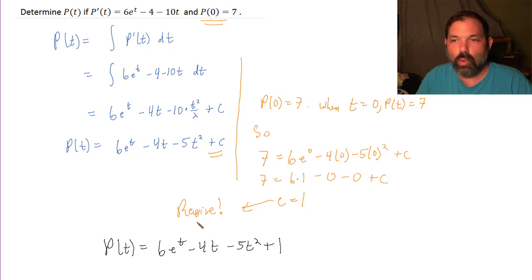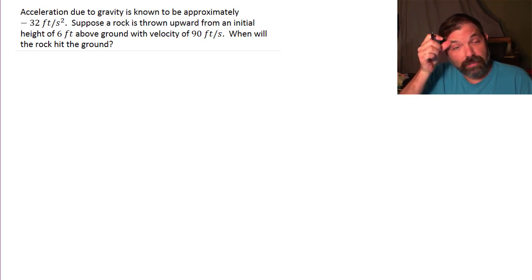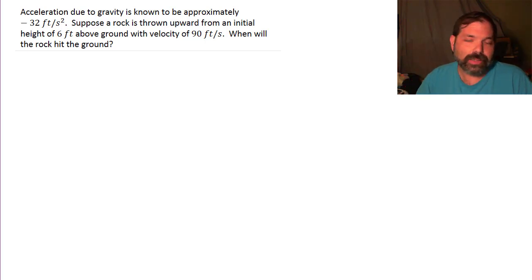Let's see one more application. So it's known that the acceleration due to gravity is approximately negative 32 feet per second squared. It's actually negative 32.2, I think, but that's good enough for our purposes.